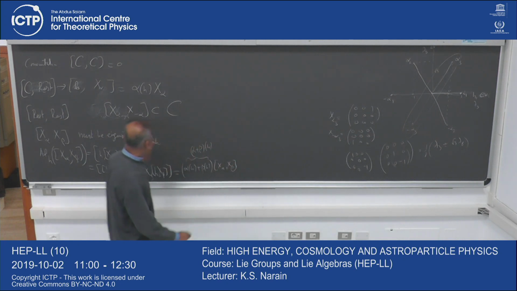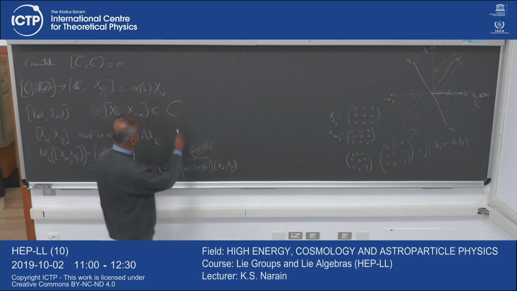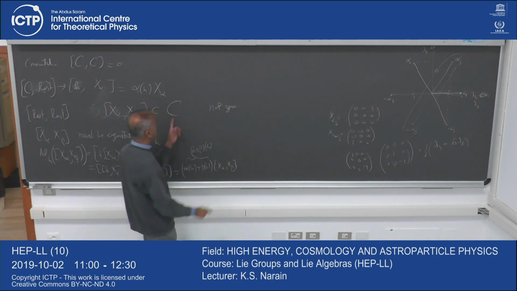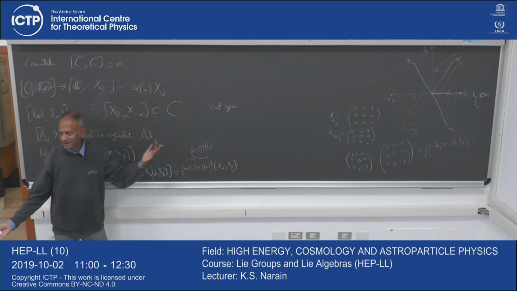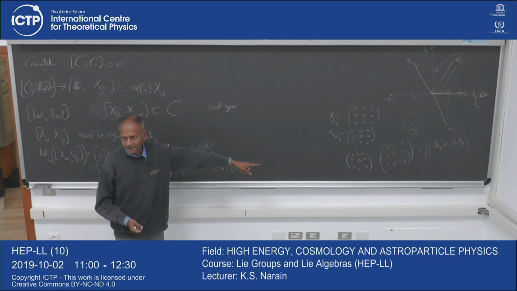But the upshot is that this is going to be in the Lie algebra. One thing which is important is that this is not 0. I mean, after all, 0 is also in the Cartan subalgebra. Cartan is a subalgebra as a vector space, so 0 is also. But the point is that it is not 0, which we see explicitly here for all of them.